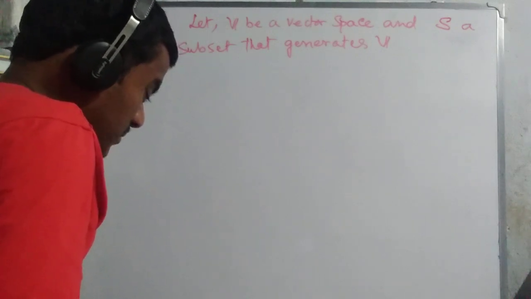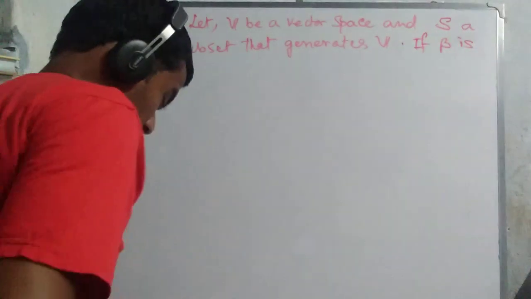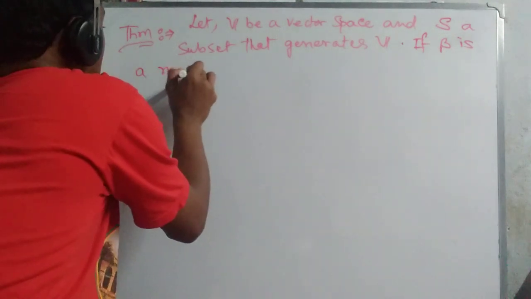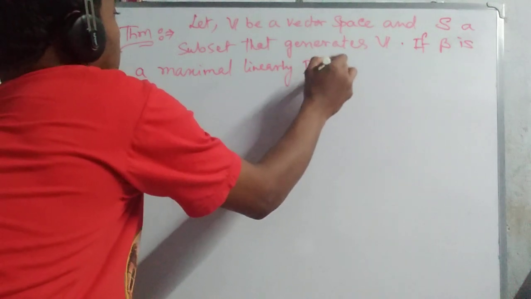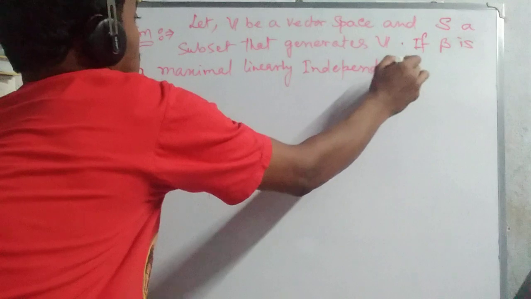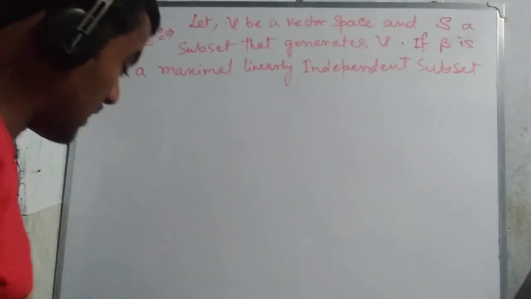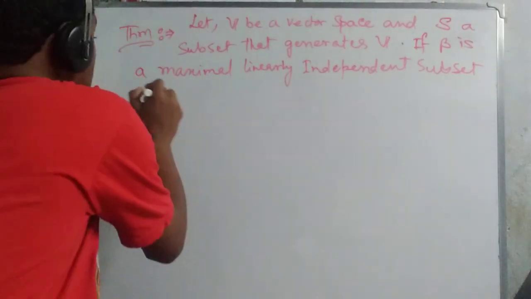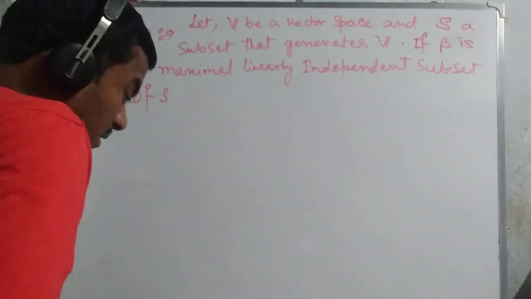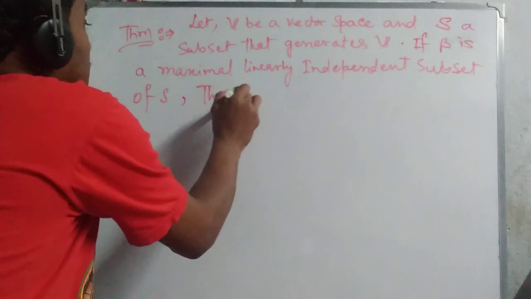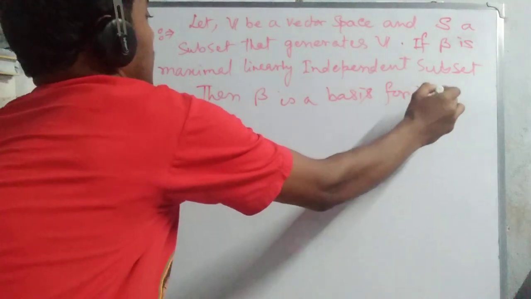If beta is a maximal linearly independent subset of S, then beta is a basis for V, understood?